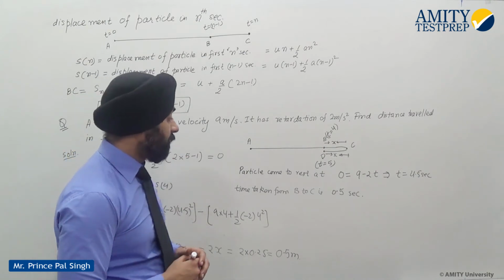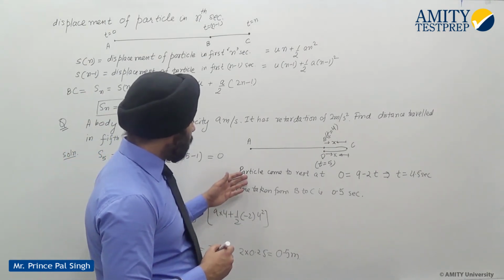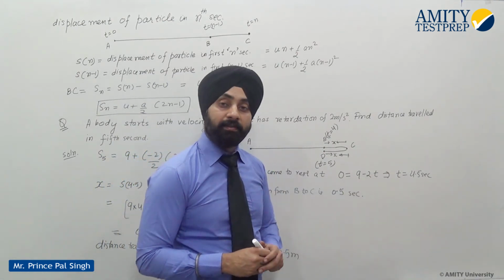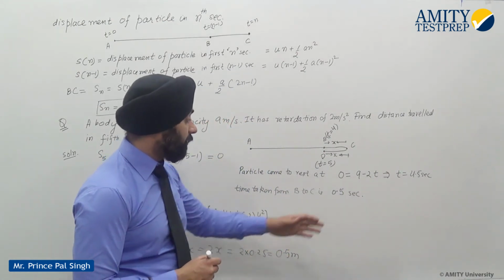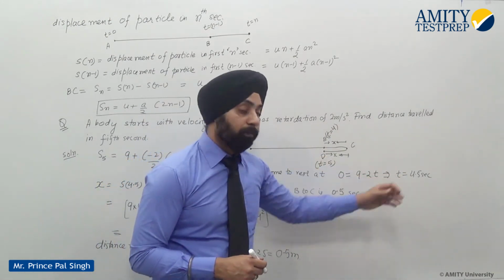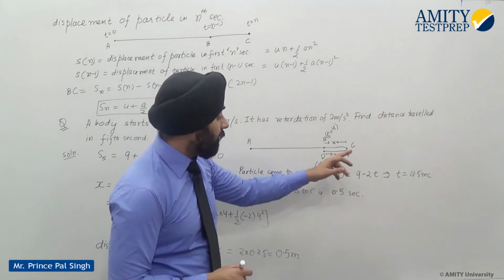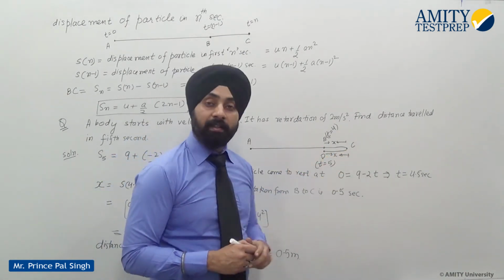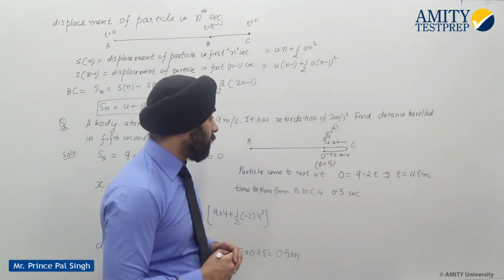We can say this by using the first equation of motion, and let's see when the particle comes to rest. v equal to u plus at, this is the first equation, the velocity is 0 at t equal to 4.5 seconds. That is, at point C the time elapsed is 4.5 seconds. That is, from B to C it has taken half a second.